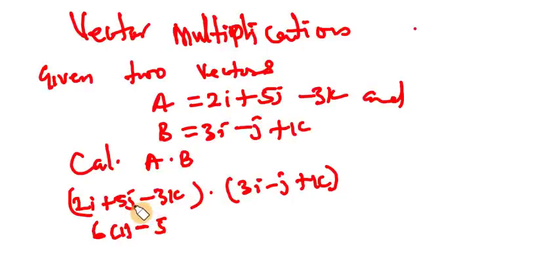Then j dot j is 1. Then I come to this: minus times plus is minus. 3 multiplying the invisible 1, which means 1k, is 3. k multiplying k is 1. So we now have 6 multiplying 1 is 6.